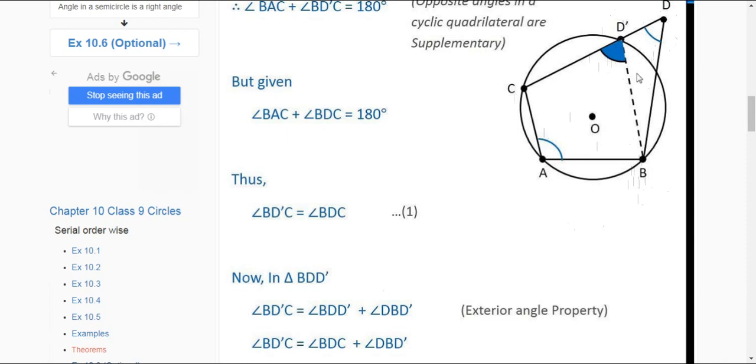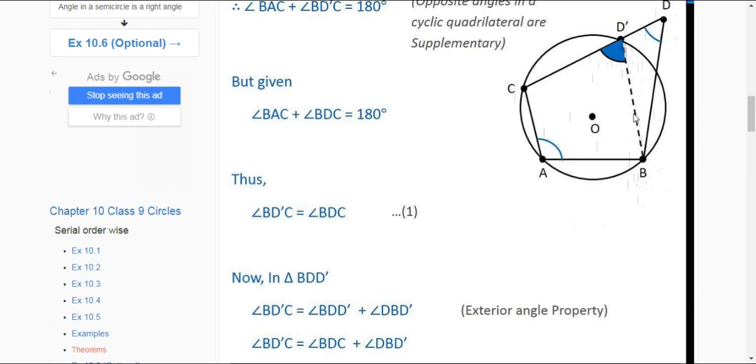Now what is an exterior angle? This, which is outside this triangle. Now what will be the measure of this BD dash C? See here, BD dash D plus D dash DB plus DBD dash, these 3 are 180 because they are in the triangle.